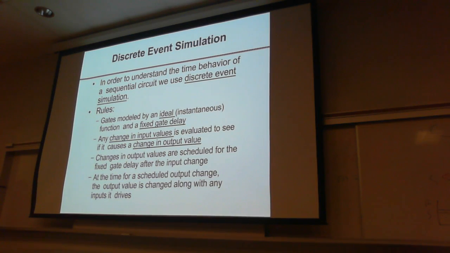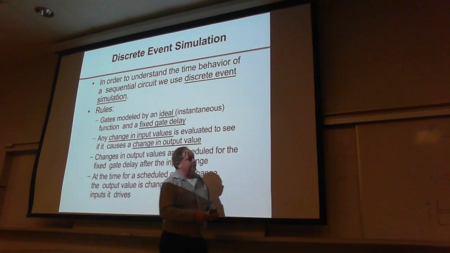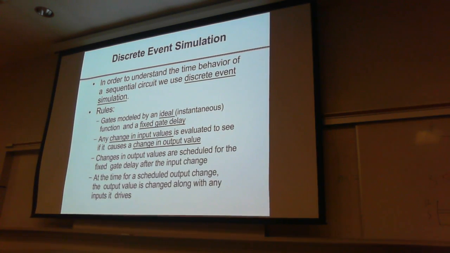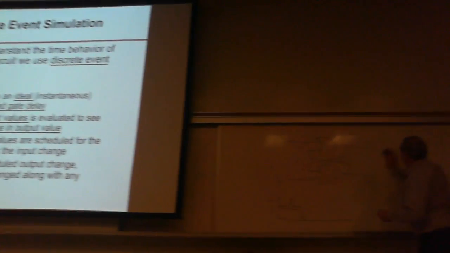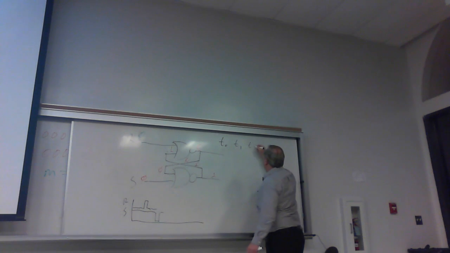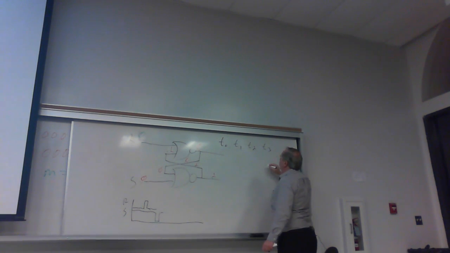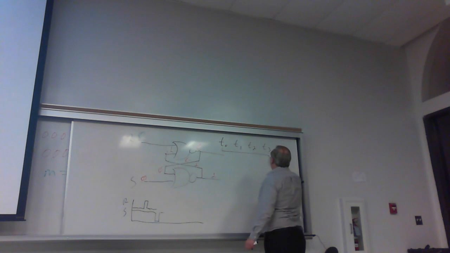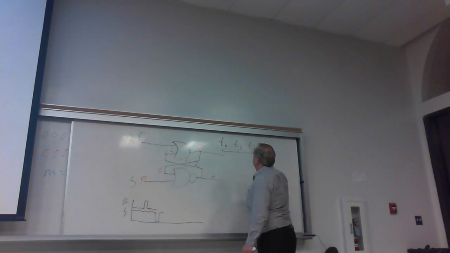So, in order to understand our discrete circuits, we need to understand simulation, how to simulate these circuits using discrete time intervals, which means we're using these evenly timed events. T sub 0, T sub 1, T sub 2, T sub 3. And here's the important thing about those time intervals: these are all equidistant in time. Okay?